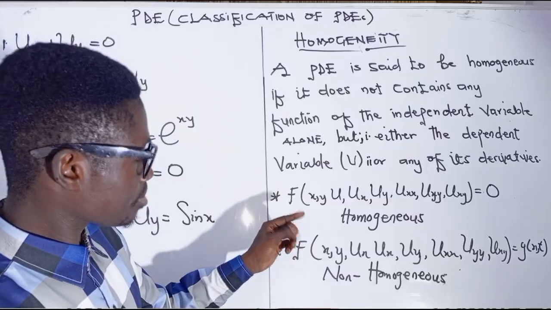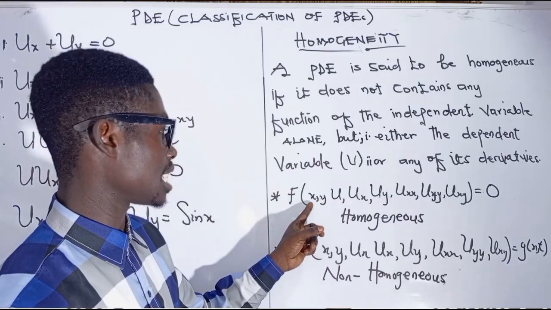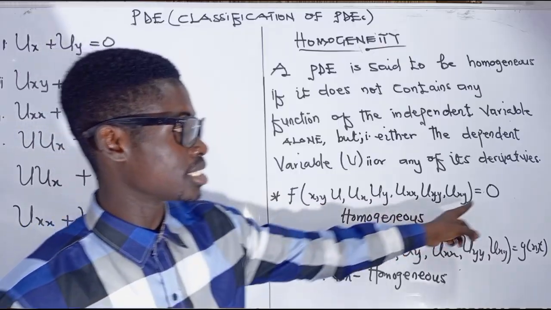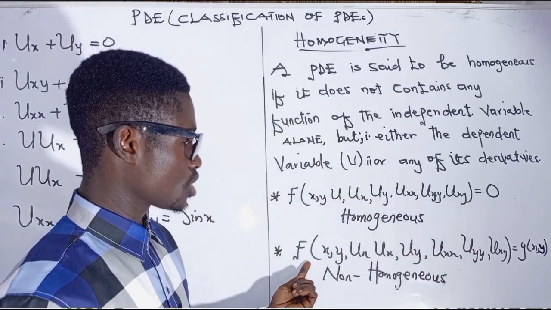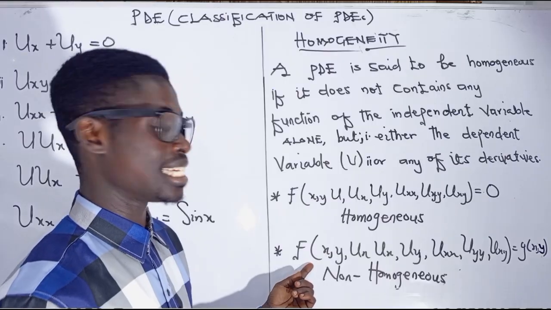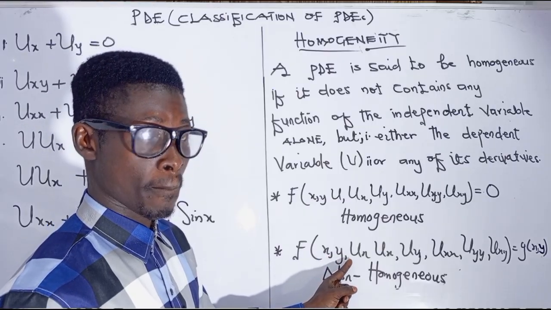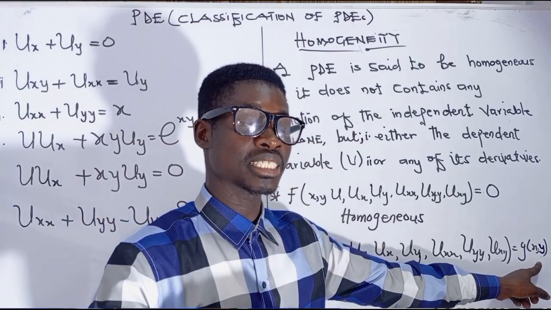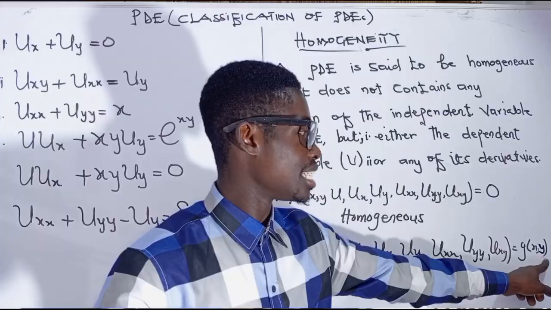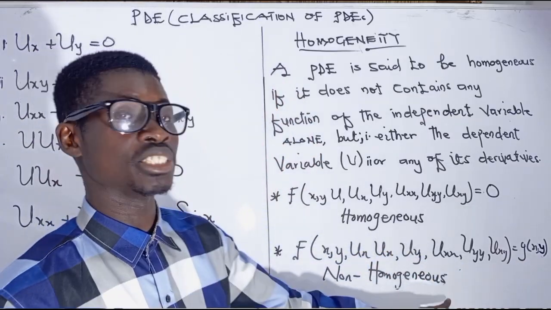So let's take it that you have a PDE in terms of two independent variables x and y. So this is a homogeneous PDE. When you have a PDE in terms of two independent variables x and y, and this PDE has a function in terms of the independent variables x and y, then we can say that PDE is a non-homogeneous PDE.